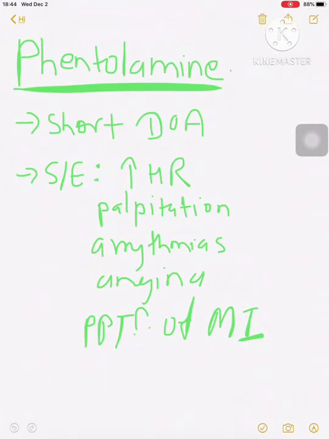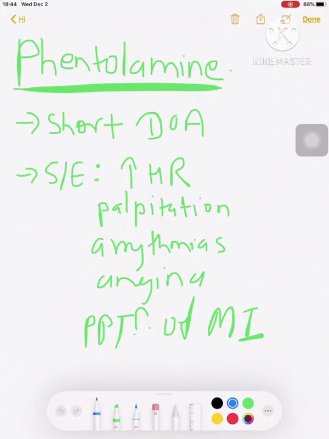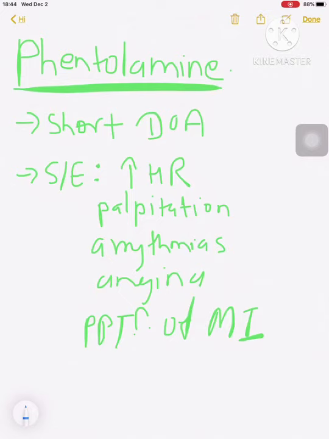So next is phentolamine. Phentolamine is also a non-selective alpha blocker. Remember that it causes more venodilation as compared to arteriodilation.